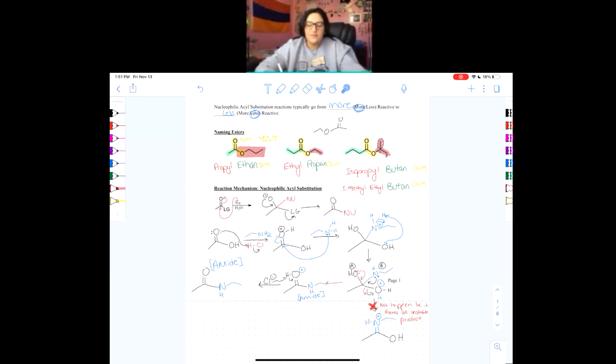And then we're going to have the nucleophile attack the carbonyl carbon. Eventually, this will cause the electrons from the oxygen to drop back down, reform the double bond, and kick off the leaving group. And then you get your final answer, where essentially all you do is replace the leaving group with a nucleophile.